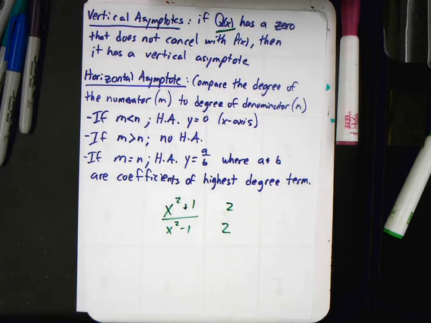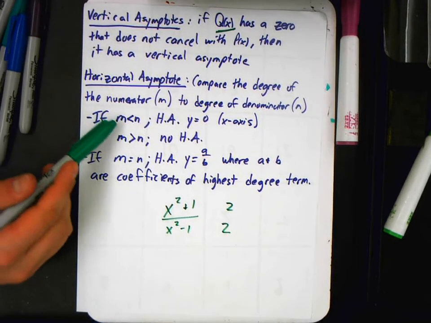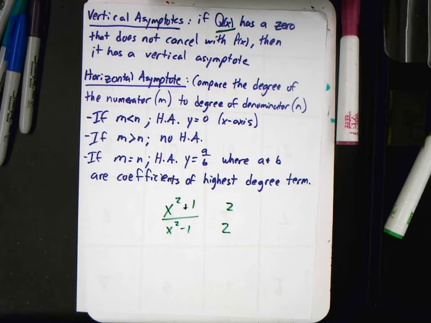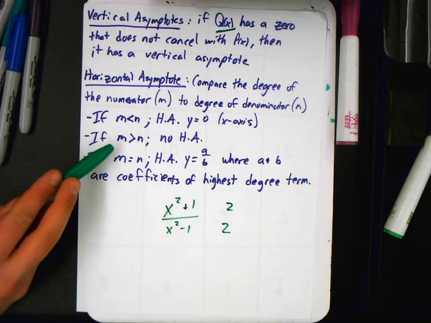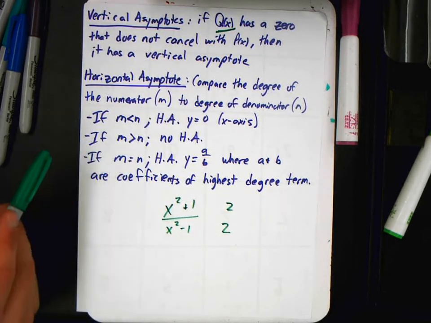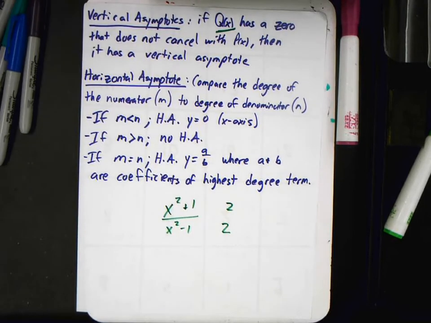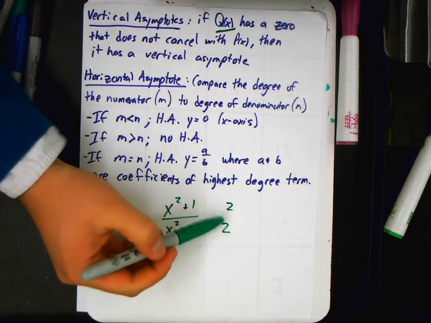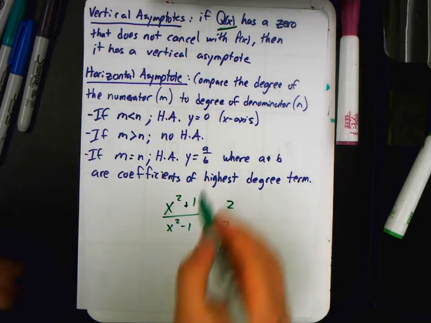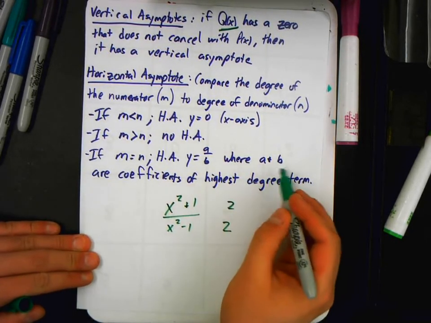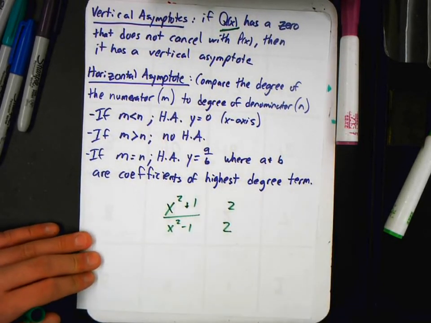If the degree on your numerator is less than the degree on your denominator, you have a horizontal asymptote of y equals 0. If the degree on the numerator is bigger than the one on the bottom, then you have no horizontal asymptote. And if the two degrees are the same, like in this case where both degrees are 2, then your asymptote is y equals a over b, the coefficients of the highest degree terms.